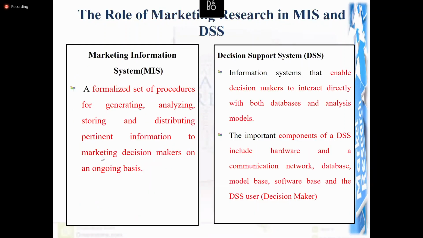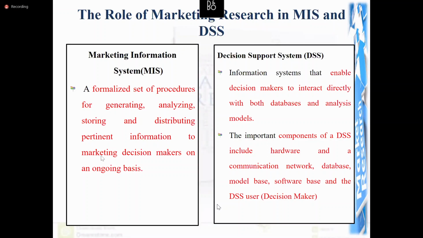Right. So this is about the MIS as well as the DSS, the decision support system, as well as the marketing information system. And we have to know how the marketing information system is different from the decision support system.